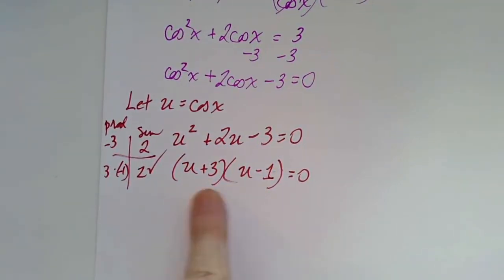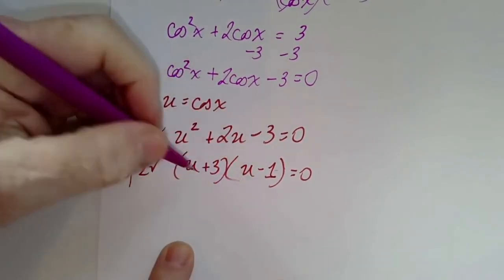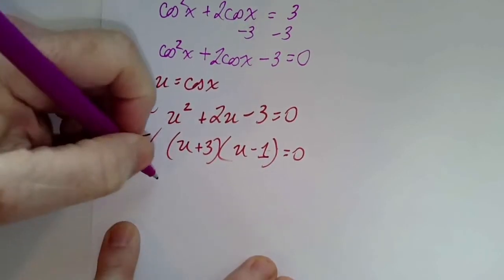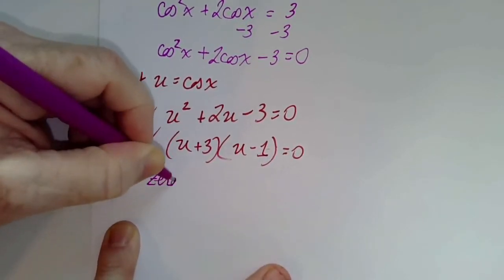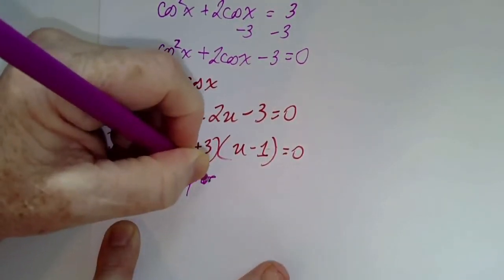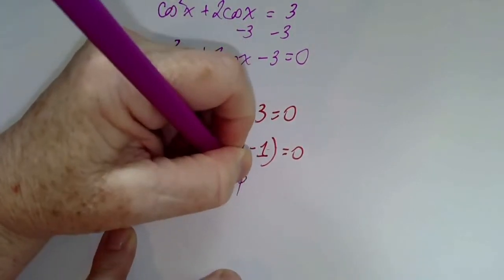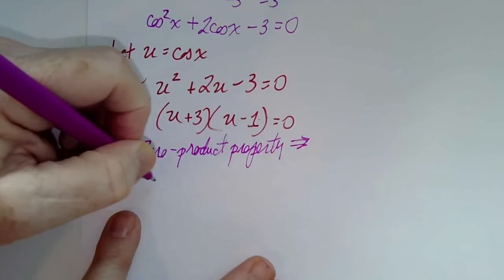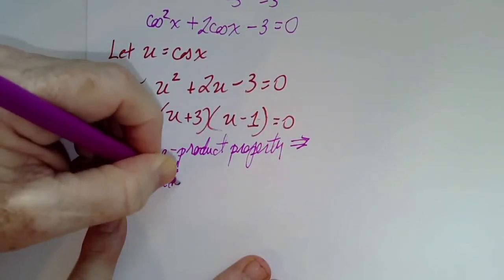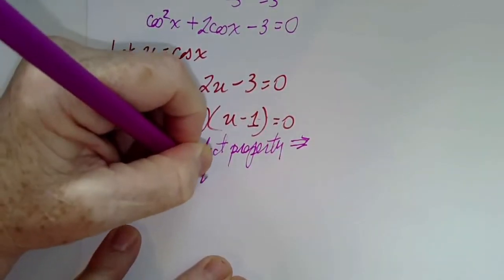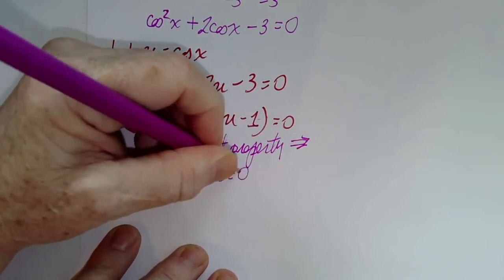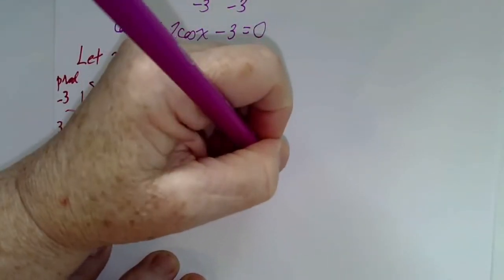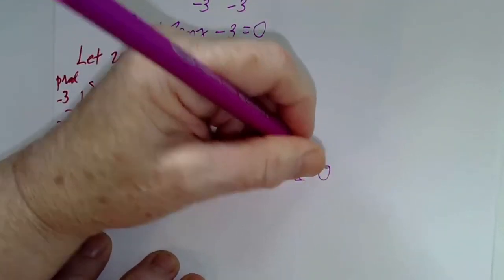Now I have the zero product rule. I've got the product of two things equals 0. The zero product property says that either u plus 3 equals 0 or u minus 1 equals 0.